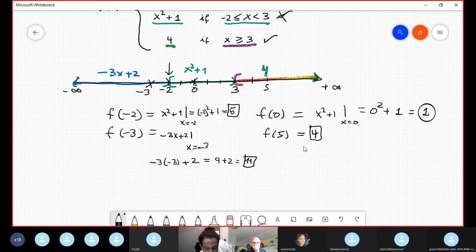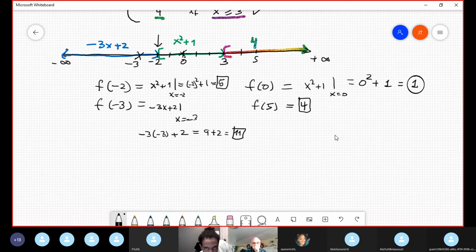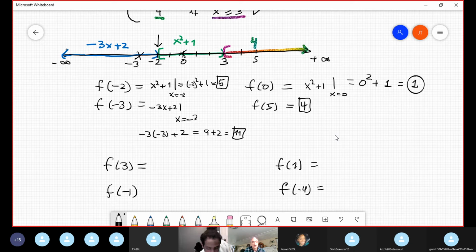For example, help me. Suppose I need to evaluate at positive 3. Evaluate at positive 1. Evaluate at negative 1. Evaluate at negative 4. Okay. And positive 3.